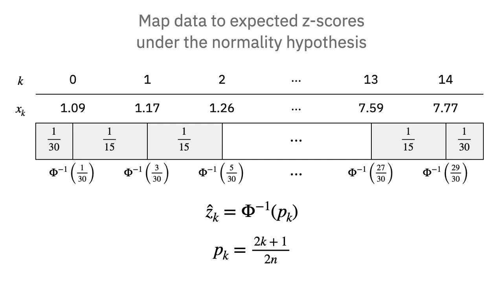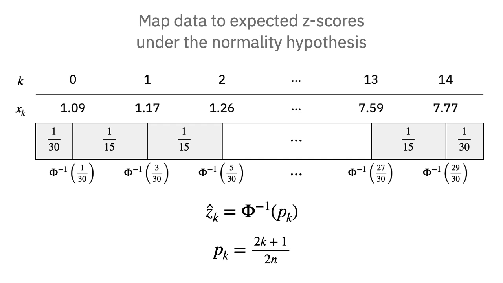So returning to the example, we can now use the cumulative proportion associated with each value in the sample along with the inverse normal cumulative probability function to associate a z-score we would expect if the underlying population is normally distributed with each value in the sample. For example, the z-score we would expect under this hypothesis for the first value in the sample is the inverse cumulative probability given proportion 1/30.